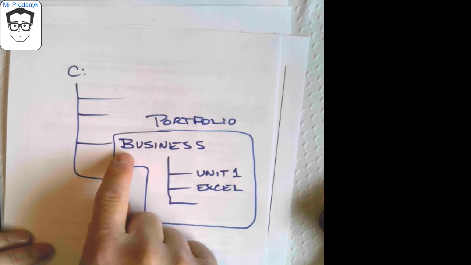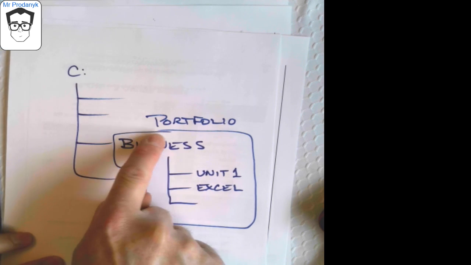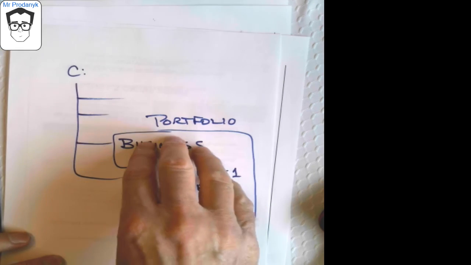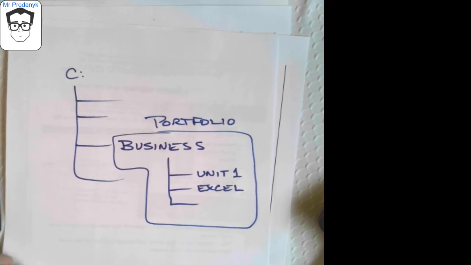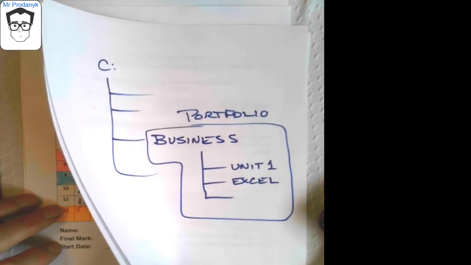So when you send me an email, you'll be able to just attach this folder right here to your email, and it will grab everything and send that in to me as your final portfolio with all of the work from these different units that you do.